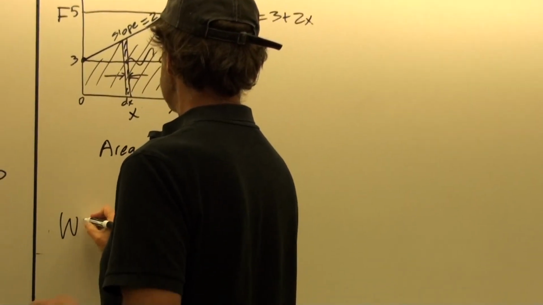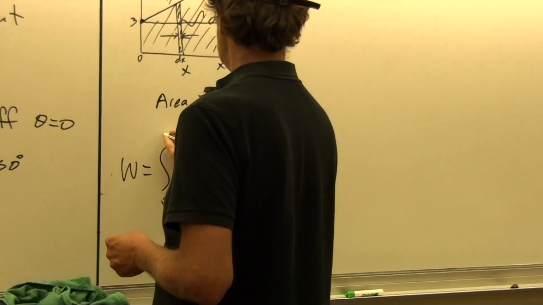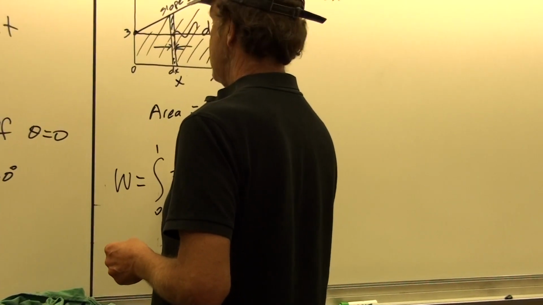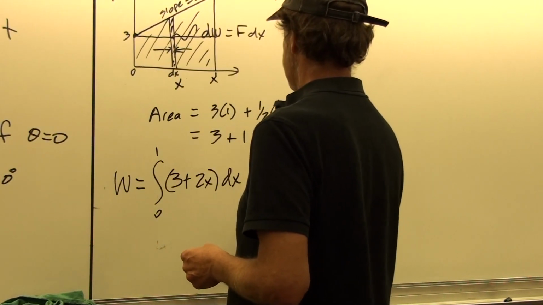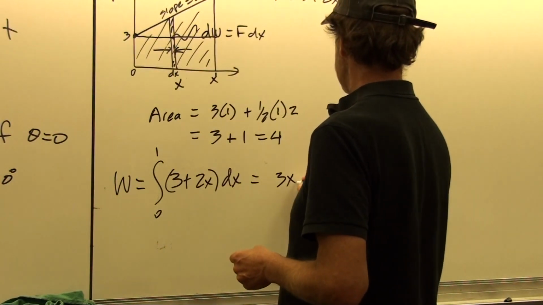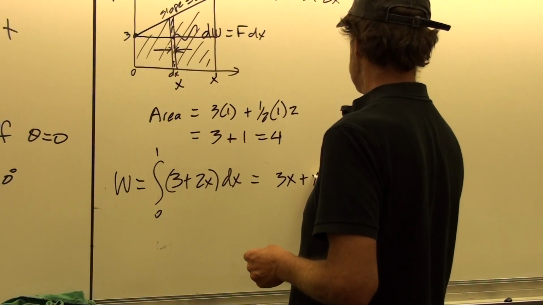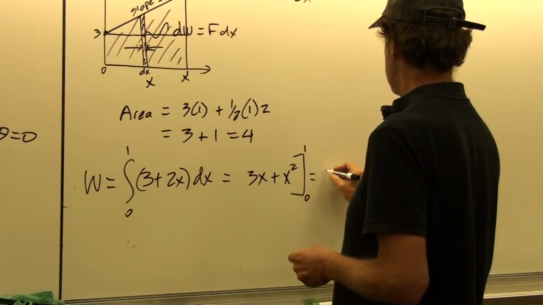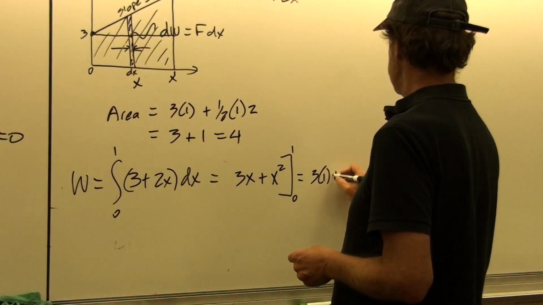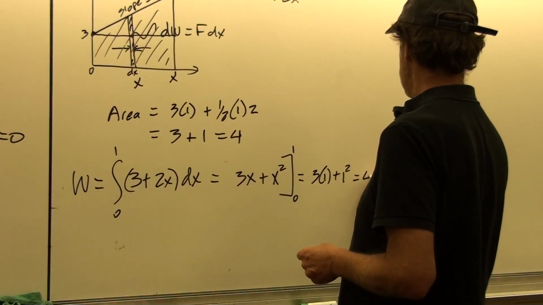All right, so our work done then is the integral from 0 to 1 of 3 plus 2x dx. And so that's going to be 3x plus 2x squared over 2, which is just 3x plus x squared from 0 to 1. That's going to be 3 times 1 plus 1 squared, which is 4.